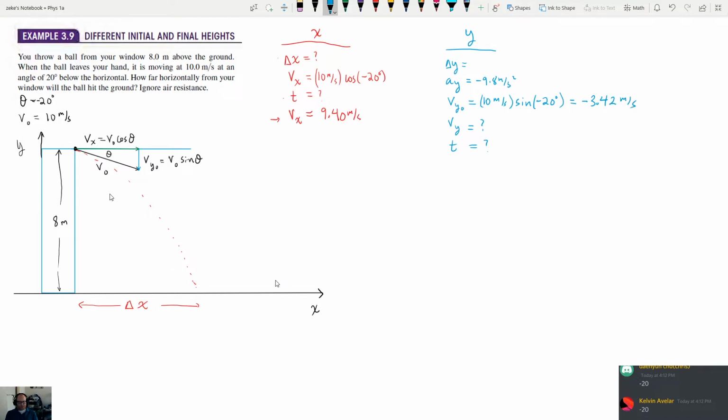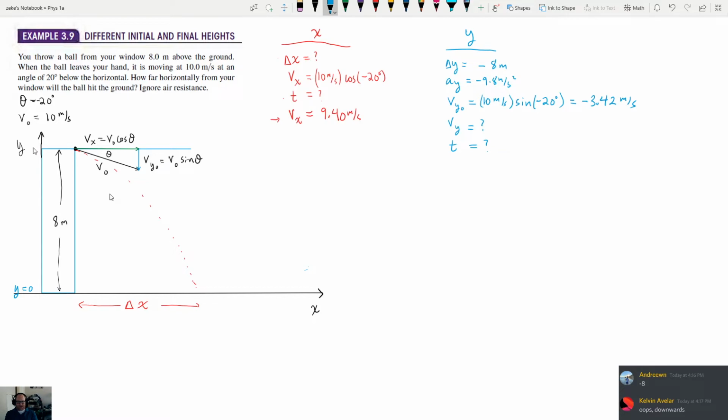Okay. What else do we know? What's delta y equal to? It's not 8, it's negative 8. Yeah, it's negative 8. We're going downwards, right? So just as a reminder of how you can do this, in case you get confused, you pick a point to be y equal to 0. Let's say that I pick this point right here to be y equal to 0.